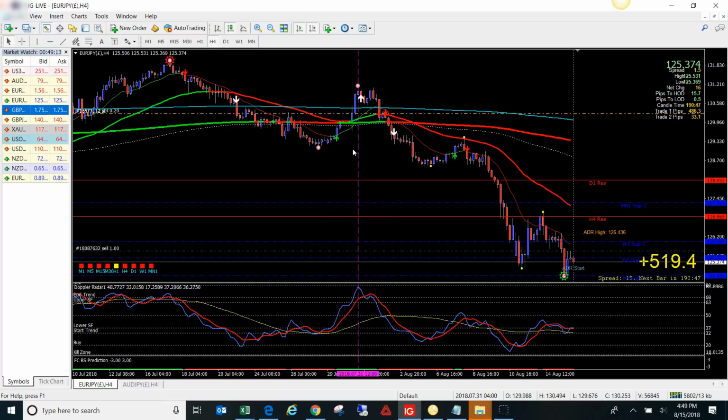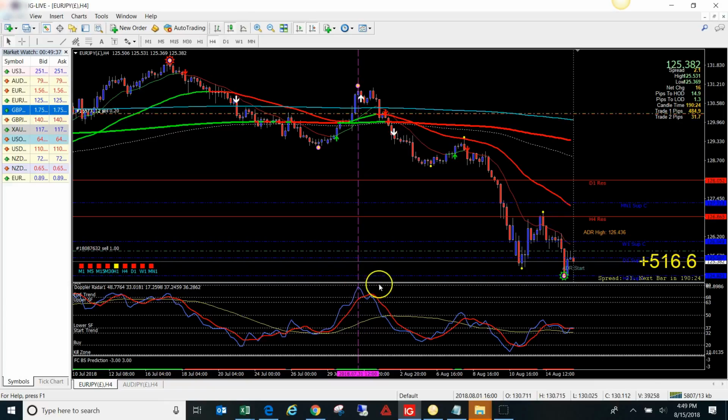This is on the 4-hour, but you can jump down to the 15-minute or the 30-minute and locate this line, and then just look for those selling opportunities after that. But this is a very easy to use system or template, whatever you want to call it.